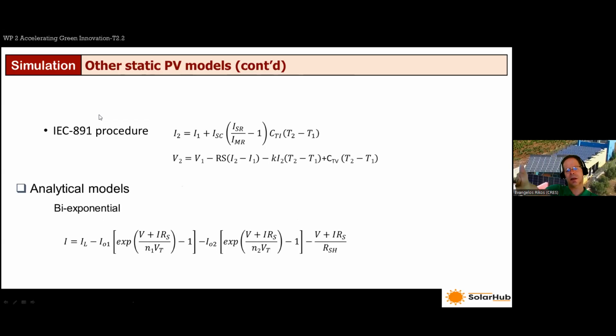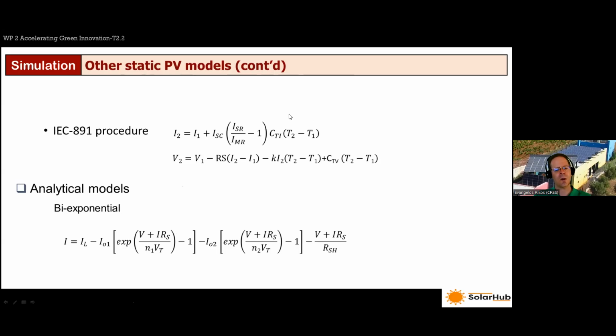It is a method that I mentioned earlier: when you measure, for example, the IV characteristic of a cell or a module within a solar chamber, a solar simulator, or outdoors, you have to recalculate for STC, and this is how it is done.